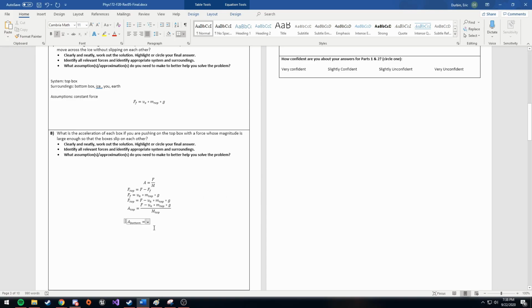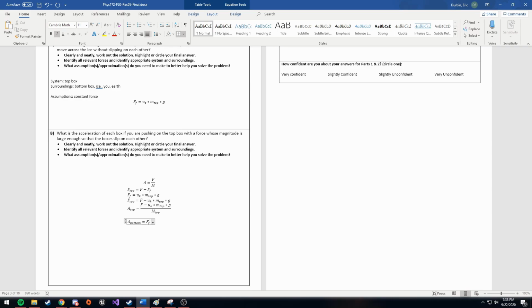Okay. So anyway, bottom box. Bottom box would just be the force of friction divided by, here is where it gets tricky. Do we take the mass of just the bottom box, or we do the system, like top and bottom? Just the bottom box. Why? Well, because we don't need to worry about friction first of all, so mass doesn't matter.